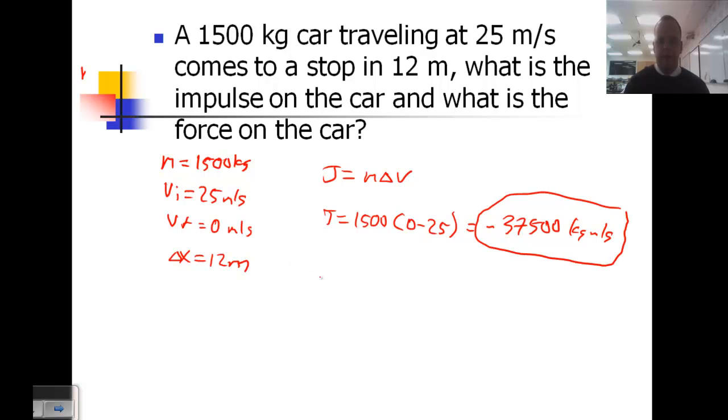That's the first part. Now we're looking for the force. So we need to know the time it takes to come to a stop. To do that, I'm going to use one of our previous formulas. We have the delta x formula. All of these formulas, though, require acceleration. Remember, we have one other formula.